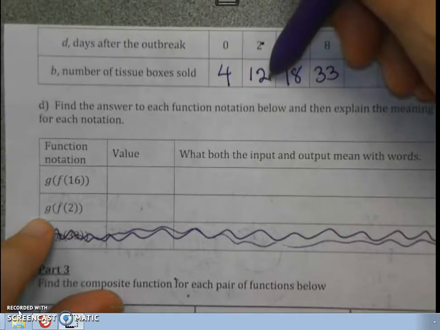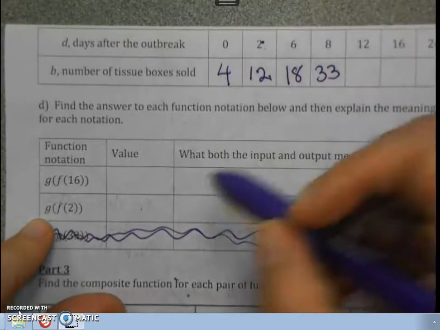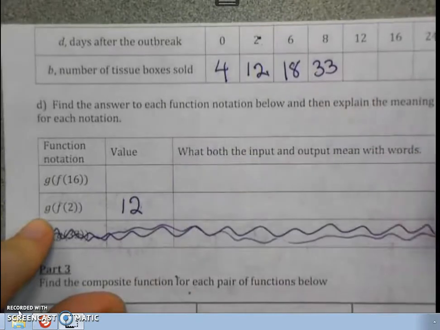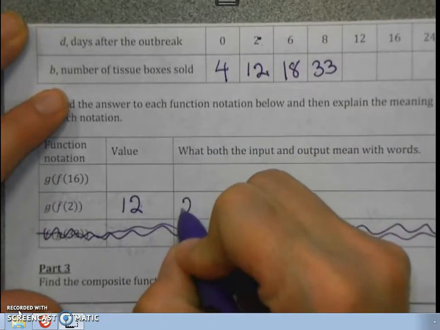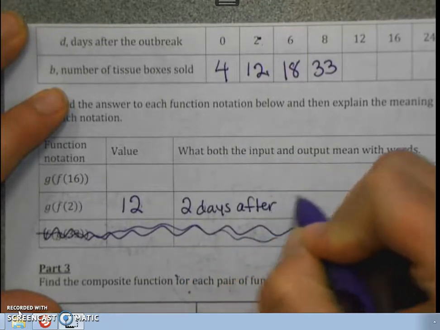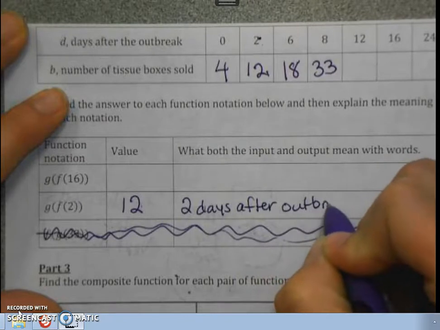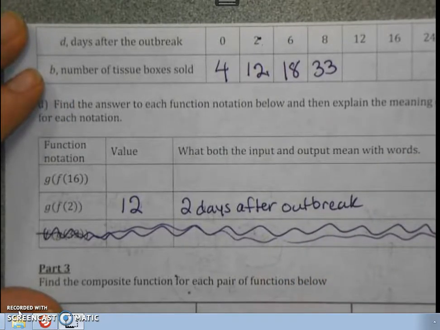So that's 12. So what we did was we avoided having to do that in between. What this means is that 2 days after the outbreak, 12 tissue boxes were sold.